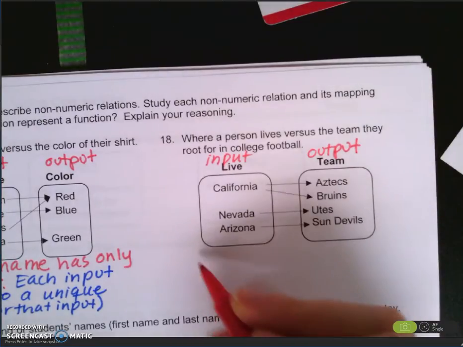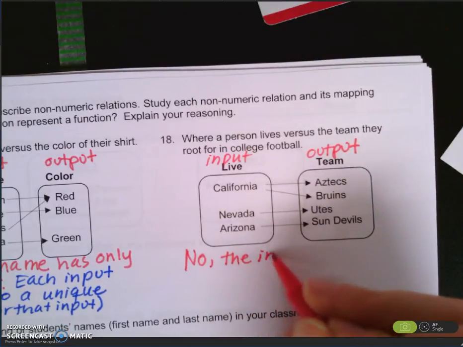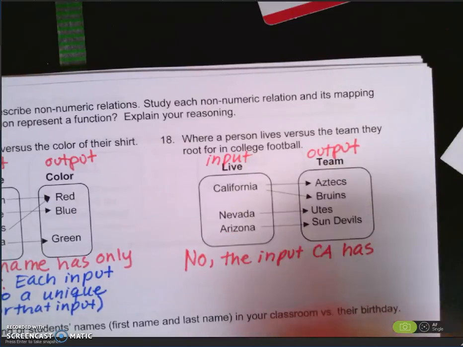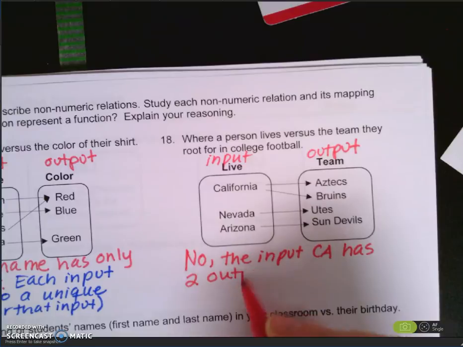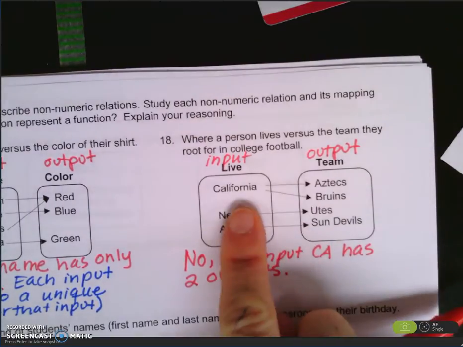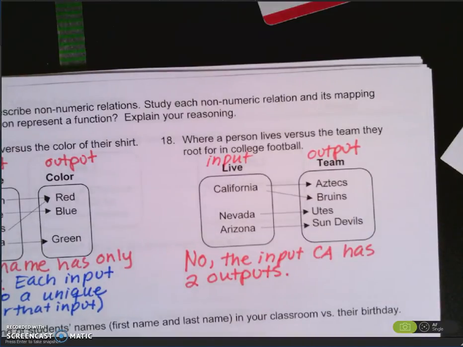If you said no, you're correct. No. The input, California, has two outputs. Someone who lives in California could root for the Aztecs and the Bruins. That makes this not a function.